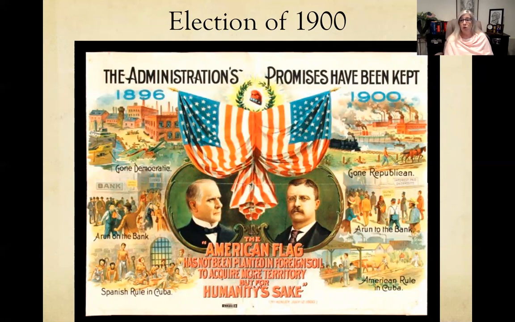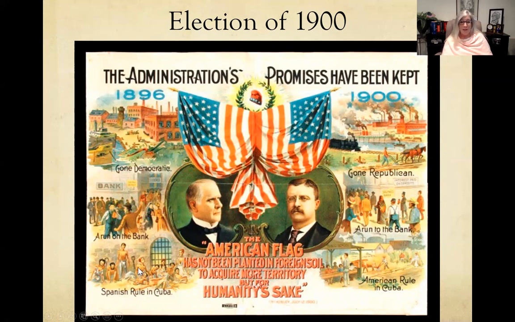So again, look at what they're trying to play up here is the protections and the advancements that McKinley had made in 1896. So when he came in 1896, there had been a lot of Democratic ruin, and there had been an economic crisis in 1893.